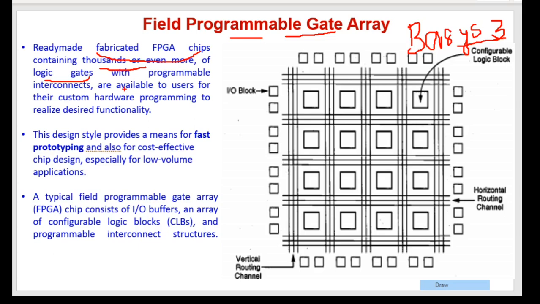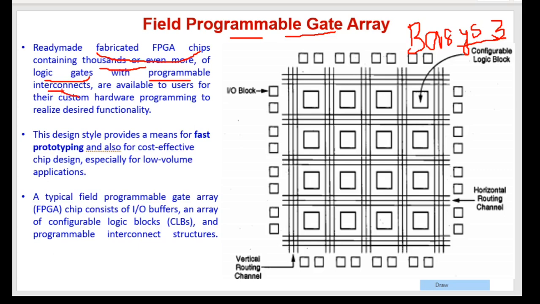Ultimately, when you are dumping a circuit or Verilog code onto hardware, you need actual hardware, actual logic gates, right? Where are those logic gates present? They are present in the FPGA chip. The chips contain programmable interconnects because for every different circuit you will have to connect the logic gates in a different way.